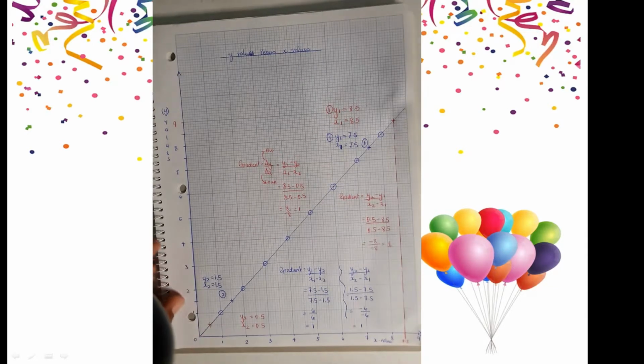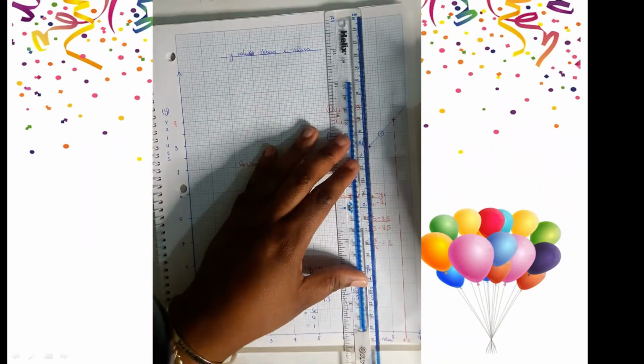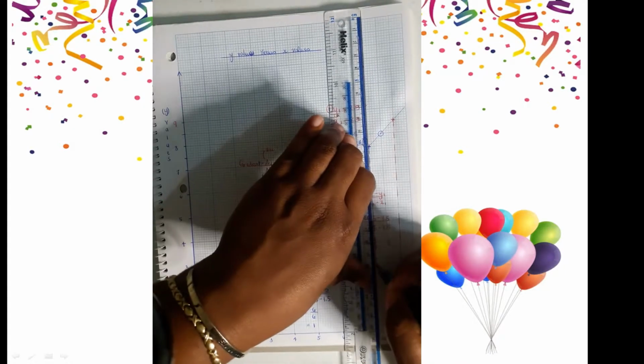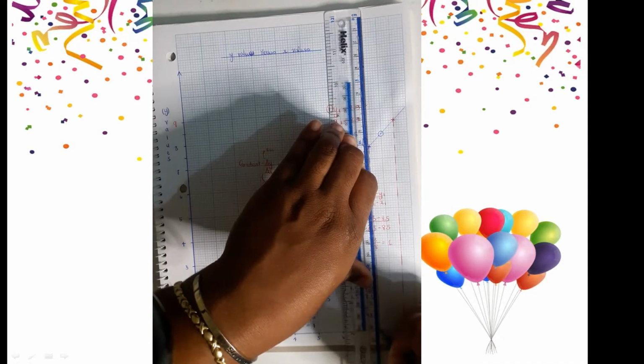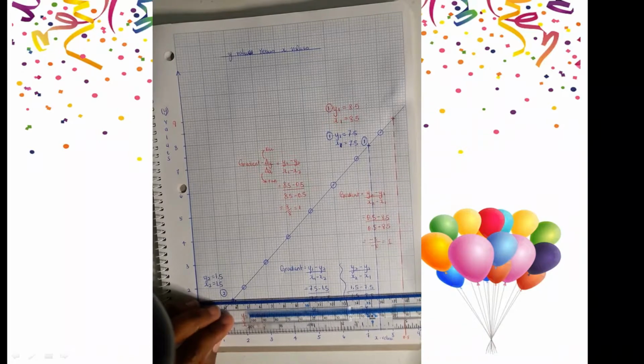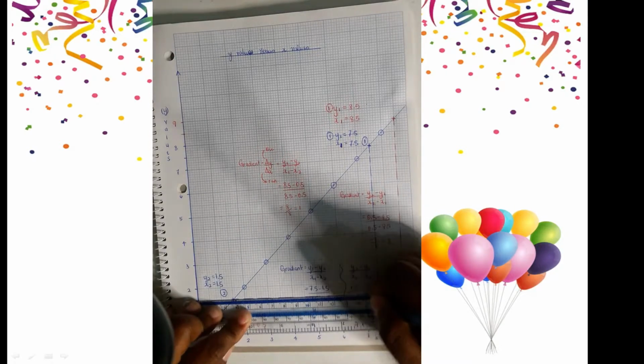And so with gradient, don't forget that you have to put your perforated lines to show your triangle, and it helps you in the process. So here I'm doing my perforated line, and here. Now with the red one, I didn't go across because I put my point at 0.